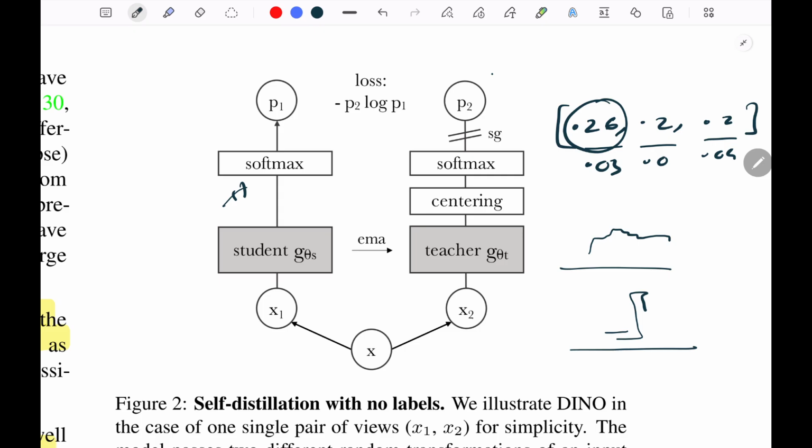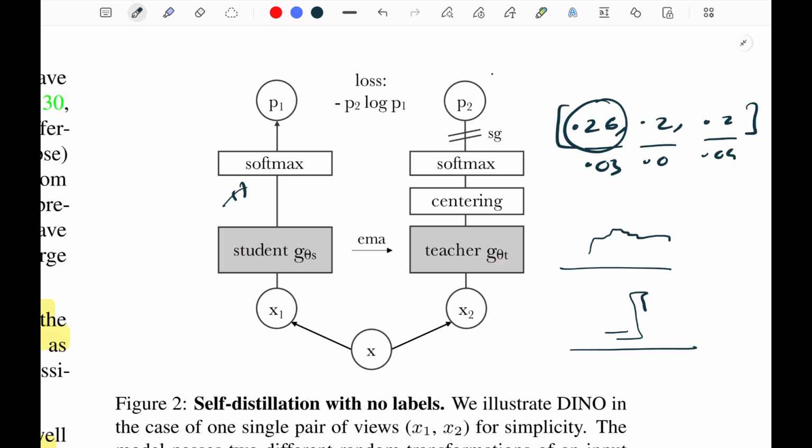The centering was trying to push it to a uniform scale, and sharpening is trying to push it in the other direction, though not to a one-hot scale. So these things help together, in such a way that the model is not outputting the same thing all the time. They have found through empirical study that having these two things helps in getting a good representation.